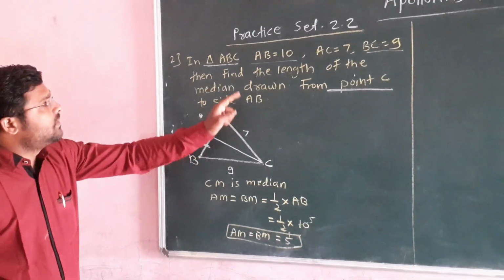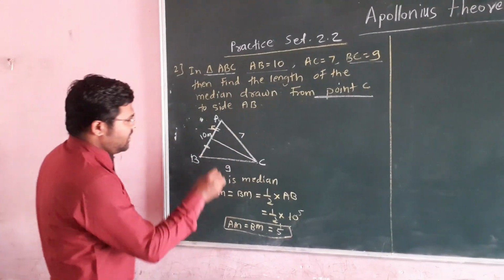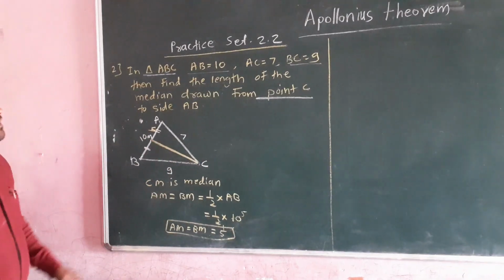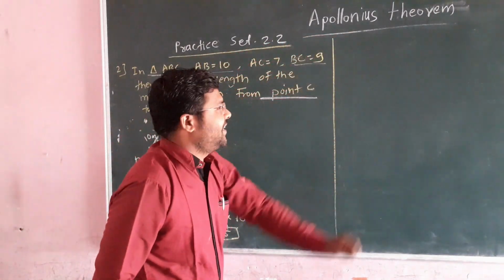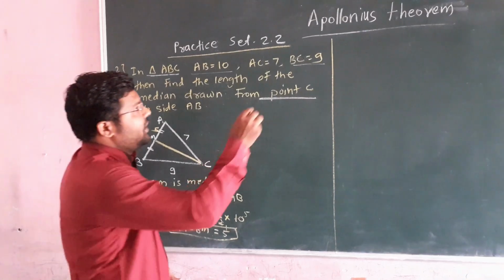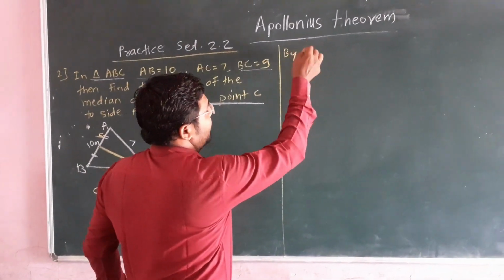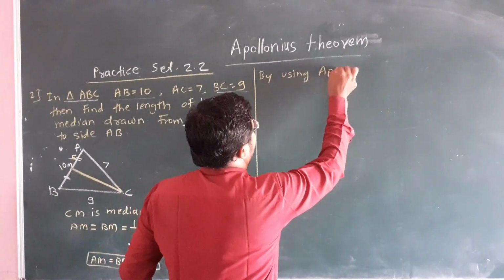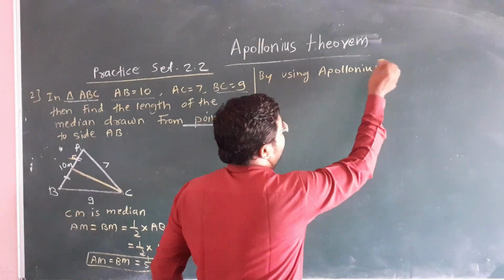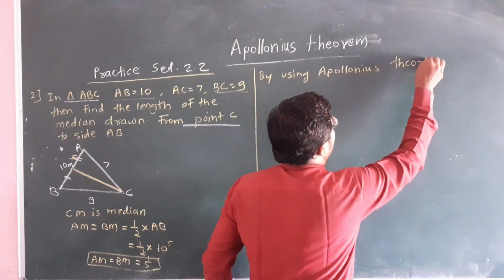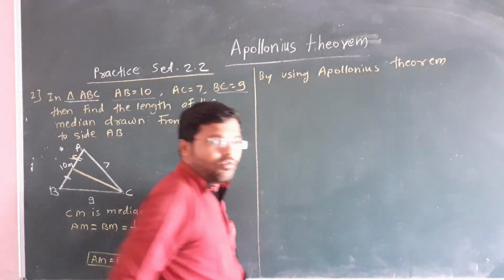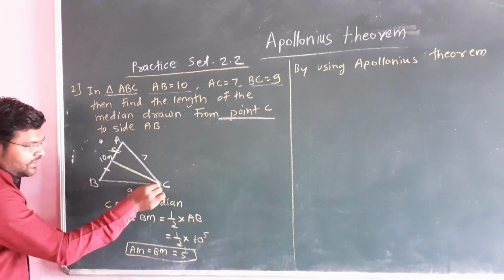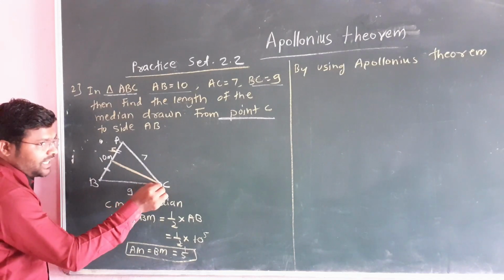Now find the length of median. We can find the length of median by using Apollonius theorem. Now I write here Apollonius theorem. Now what is the Apollonius theorem? The median vertex point is C, so which two sides can we take?